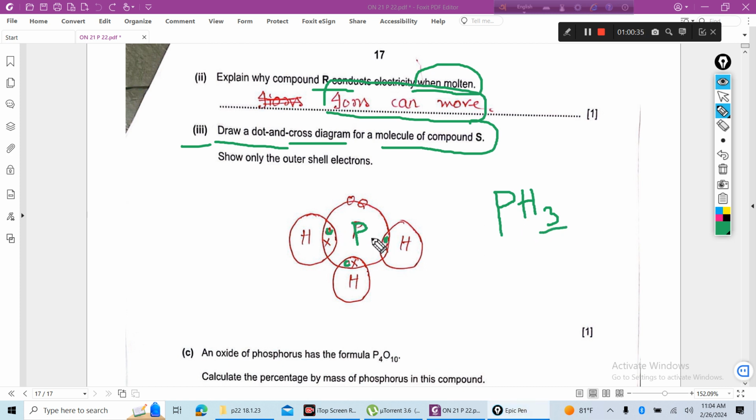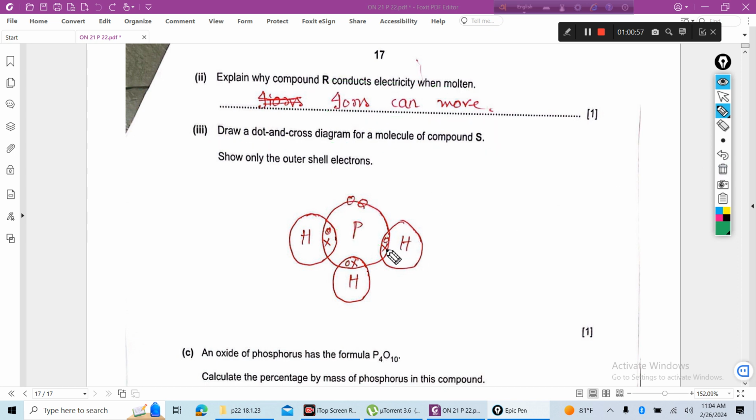Phosphorus is a group 5 element, so it has 5 electrons in its outer shell. 1, 2, 3. Remaining 2 here. This is a non-bonding electron or lone pair. Non-bonding electrons do not form bonds. And hydrogen only has 1 electron. This gives crosses 1, 2, 3. This is the dot and cross diagram of a molecule of S, phosphine.